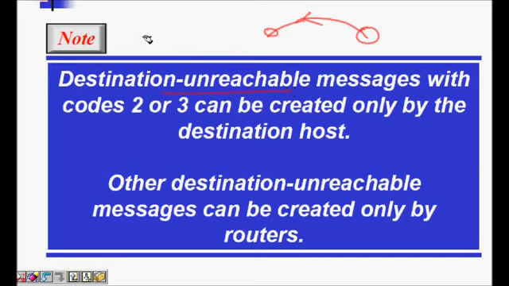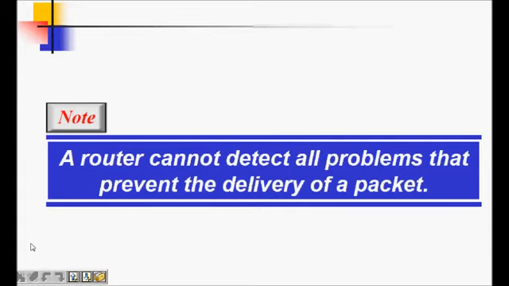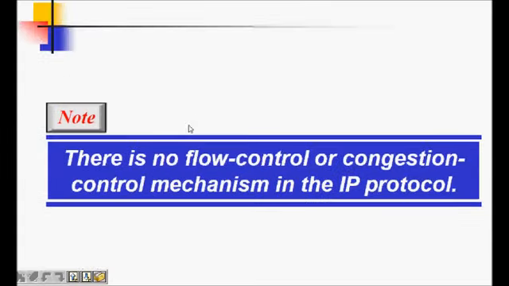Here the type will be 3, but the codes will be different, so the code tells the subtype: is the message coming from the destination or from some intermediate router? Other destination unreachable messages can be created only by the routers. A router cannot detect all the problems that prevent the delivery of the packet.